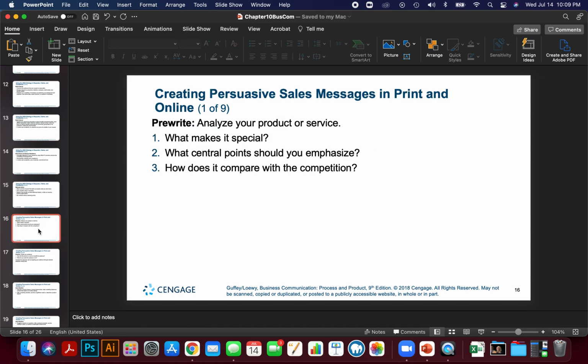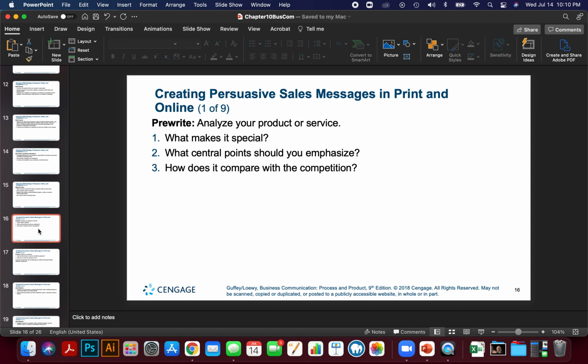So how do you create persuasive sales messages on print or online? Again, in the pre-writing phase, we're going to analyze our product or service. What makes it special? What makes it stand out? What are the points that you should emphasize? How does it compare with the competition? We in the sales game and the business game call this a 30-second elevator pitch, right?